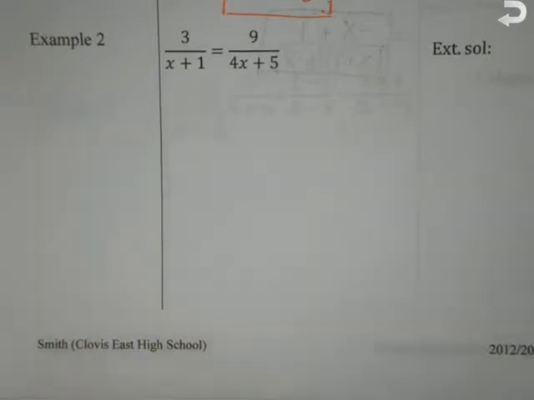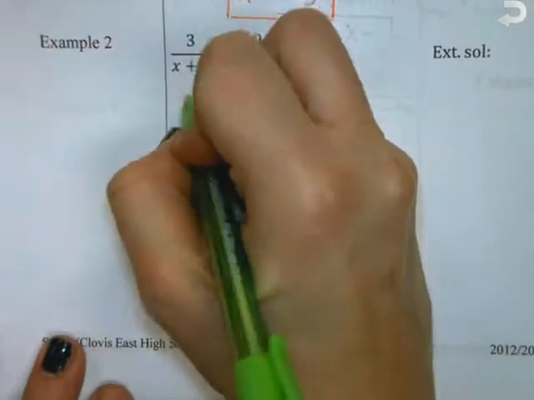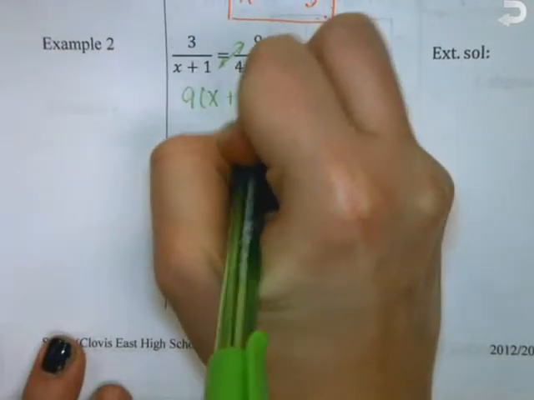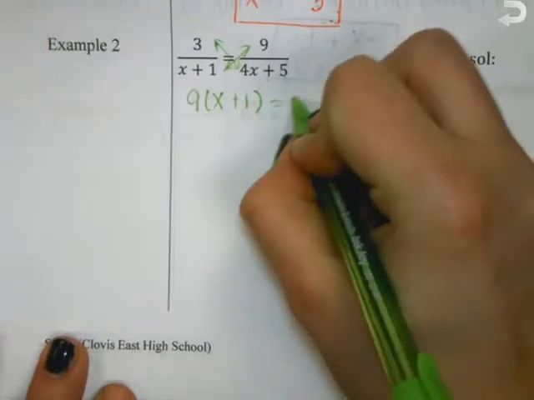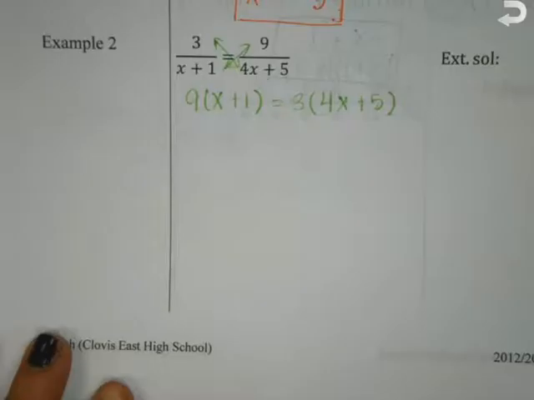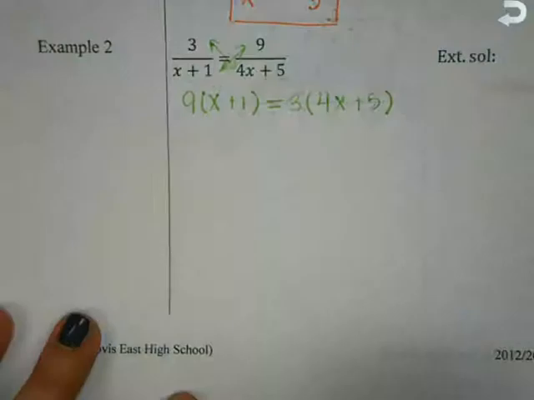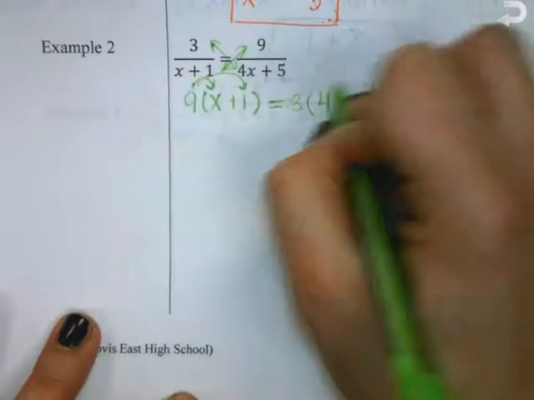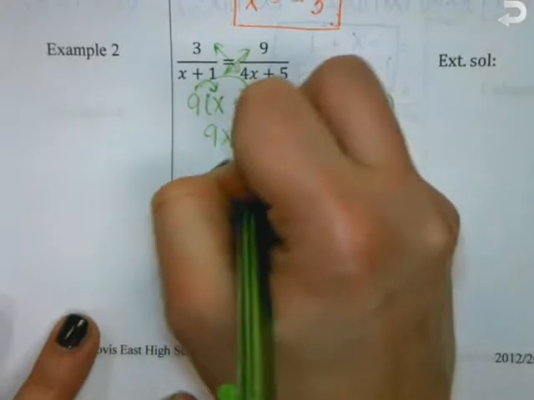So that's going to give me 9 times x plus 1 equals 3 times 4x plus 5. Distribute. So that gives me 9x plus 9 equals 12x plus 15.